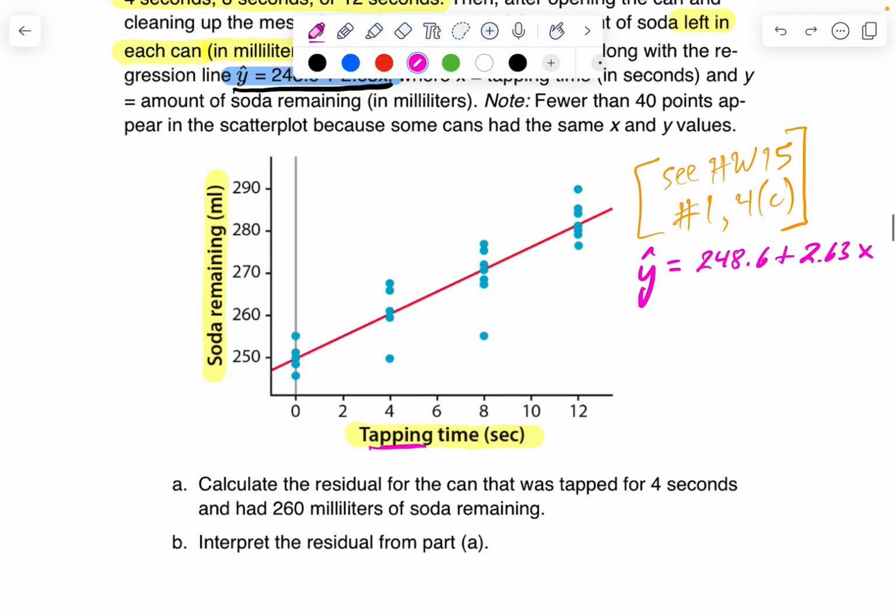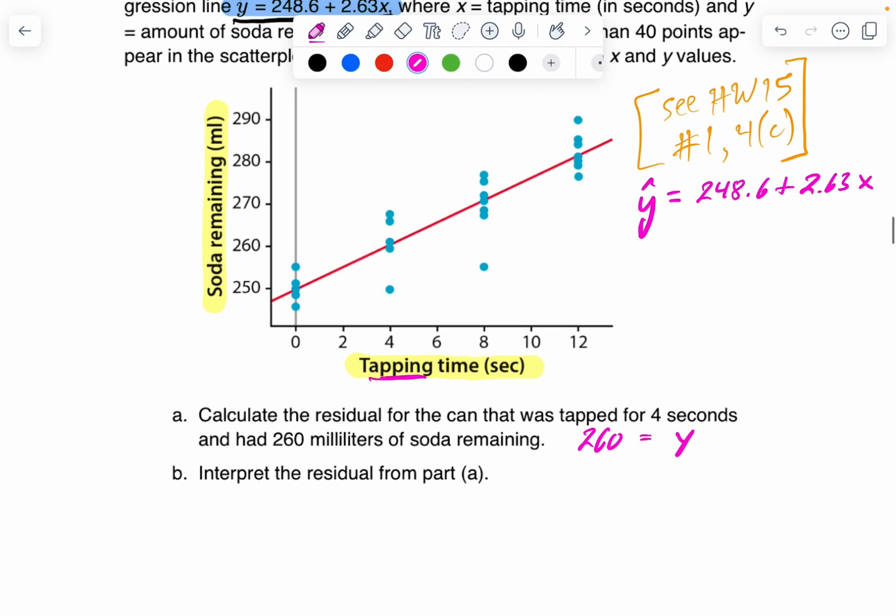Part A says calculate the residual for the can that was tapped for 4 seconds and had 260 milliliters of soda remaining. The 260 that they gave us is what actually happened. The predicted value, y hat, comes from the equation: y hat equals 248.6 plus 2.63x, where in this case you tap for 4 seconds.